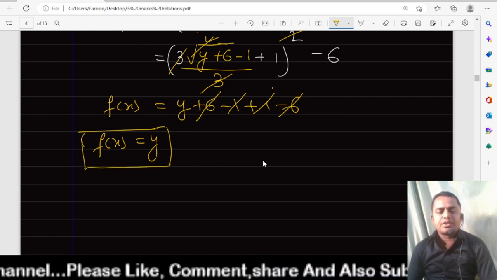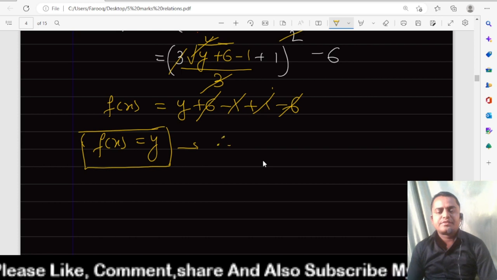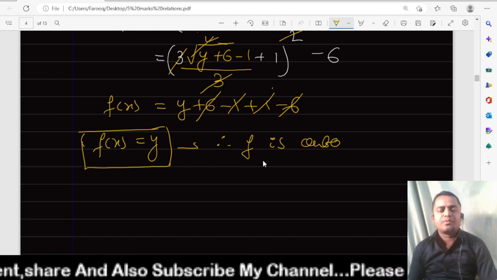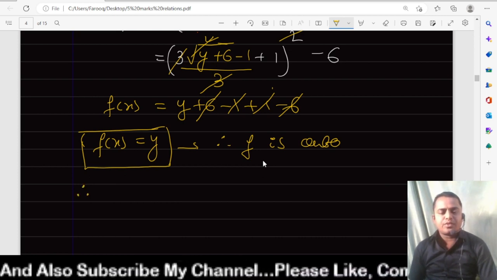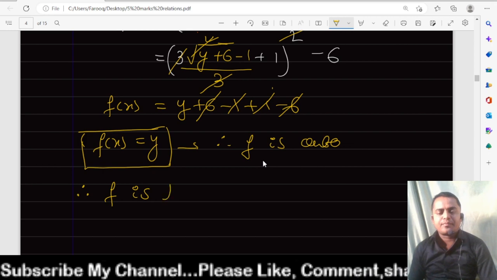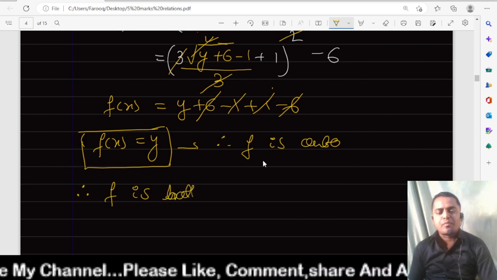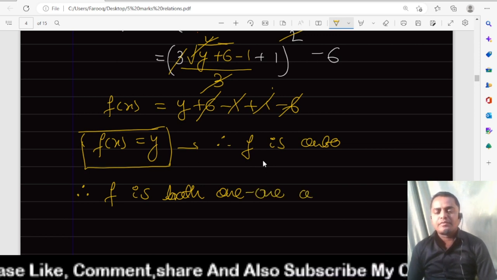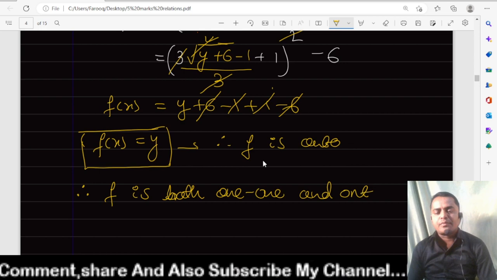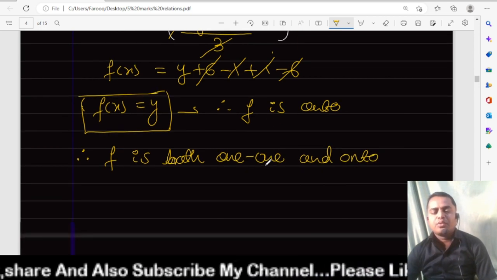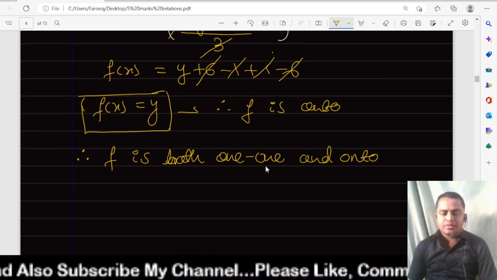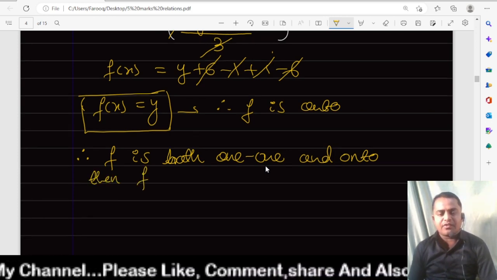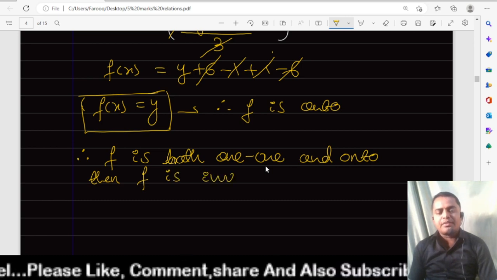onto. Therefore f is onto. Therefore, f is both 1-1 and onto. Then f is said to be invertible.